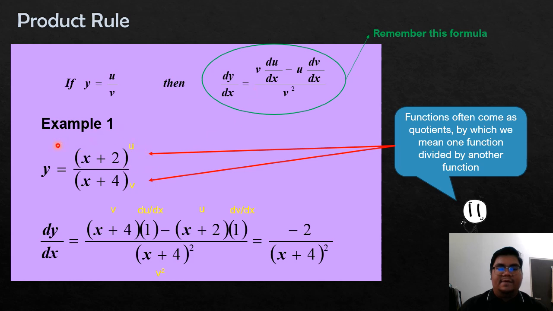We find du/dx here as 1, minus u, which is x plus 2, the above expression here, times dv/dx, which is 1, over v squared. So we have v squared, (x plus 4) in a bracket to the power of 2. So this is the final result that we got. This is a much easier example than having to expand the bracket.